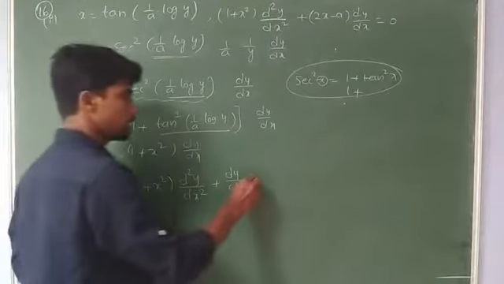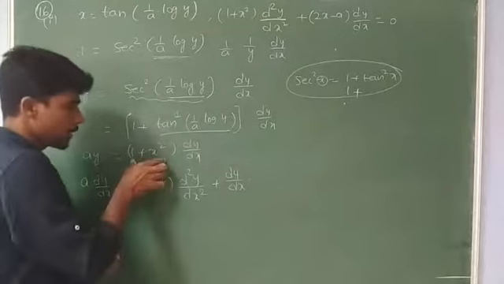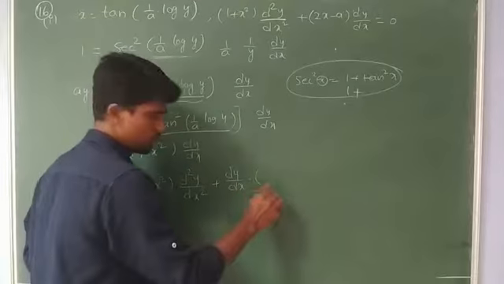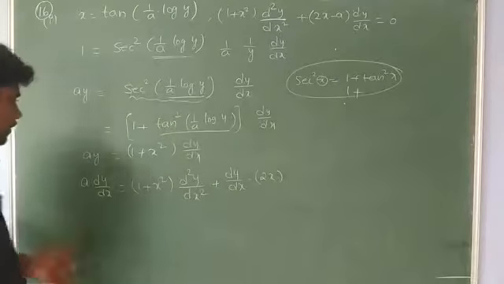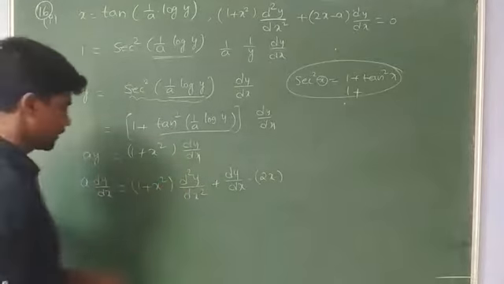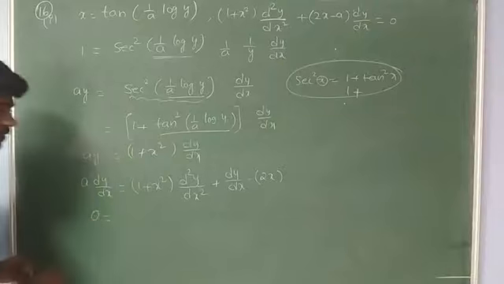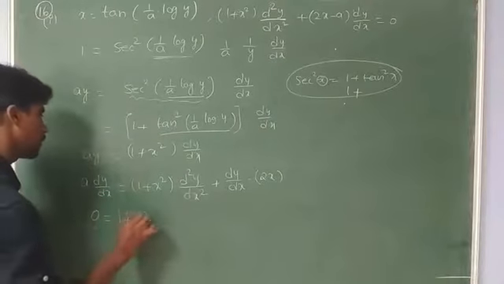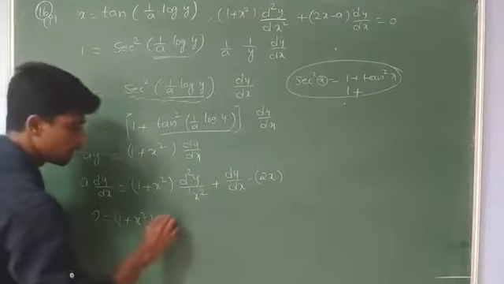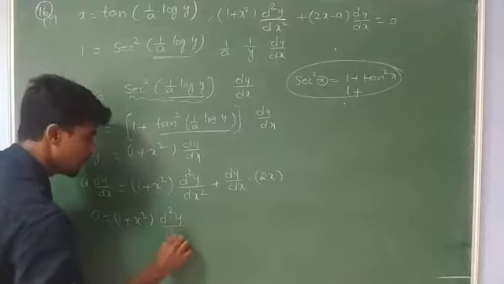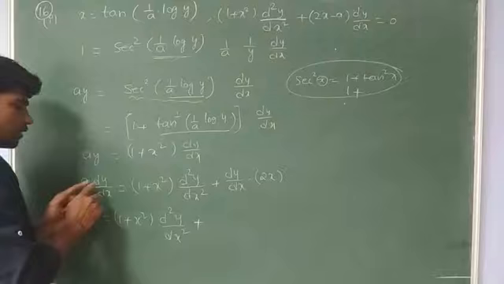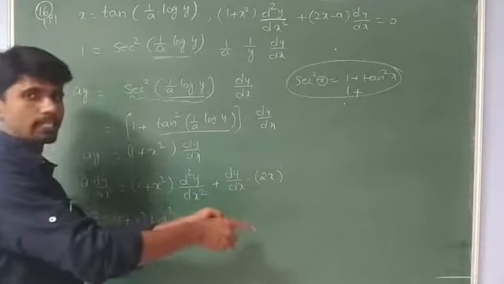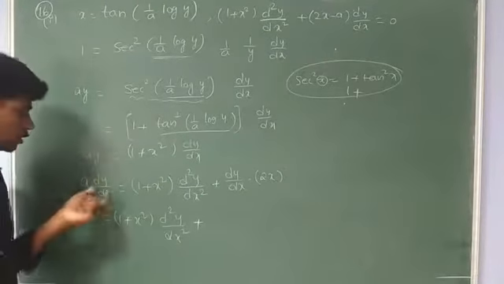So dy by dx into 1 plus x square derivative: 1 derivative 0, x square derivative 2x, right? So I transfer this to the right side. If I transfer, what do we get? 0 is equal to 1 plus x square into d2y by dx square plus, see this a into dy by dx, if I transfer to the right side, I get minus a into dy by dx.